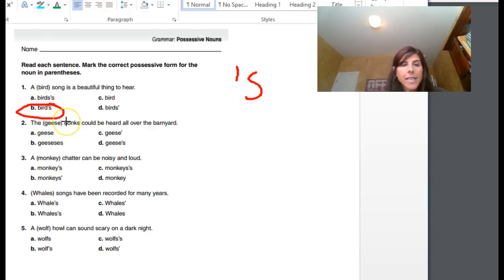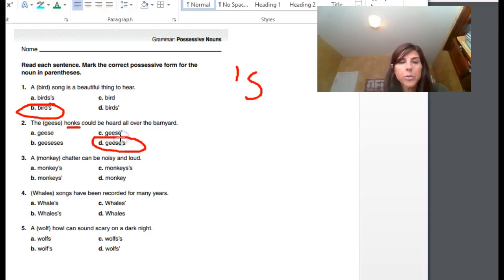The geese's honks could be heard all over the barnyard. The honks are going to belong to more than one goose. We already know because geese is plural. The rule there is if it belongs to more than one, we have to make it plural first. So if it's a plural without an s, you're just going to add an apostrophe s.